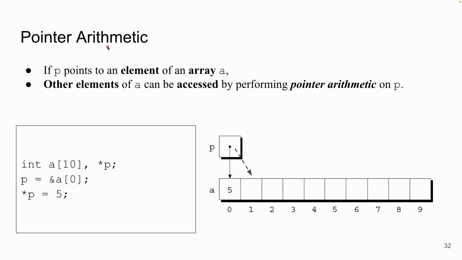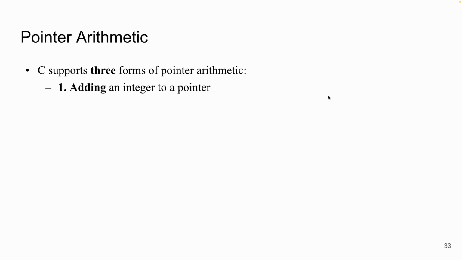Now I successfully assigned a value to A[0]. Now I want to point to another element in array A, but how can I make this pointer variable P point to other elements in array A? To do that, we need to perform pointer arithmetic on pointer P. So let's check out how we can do that. For pointer arithmetic, we have 3 forms.